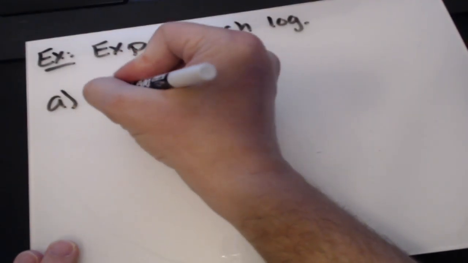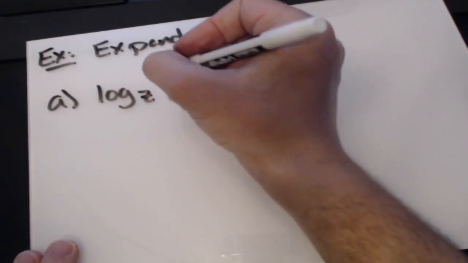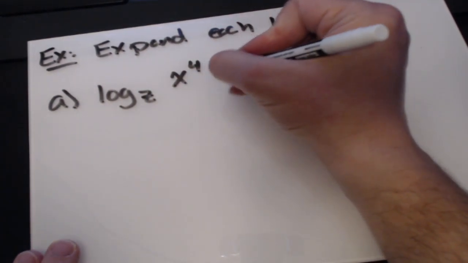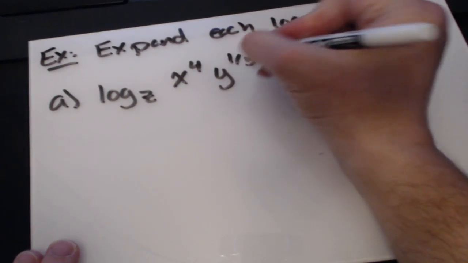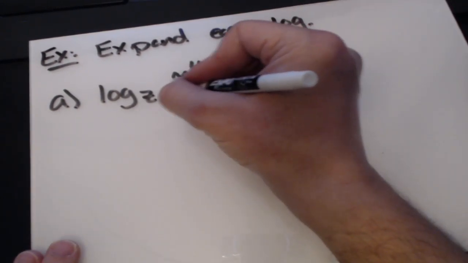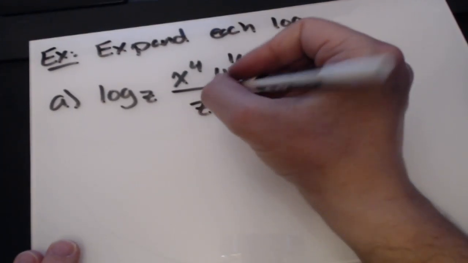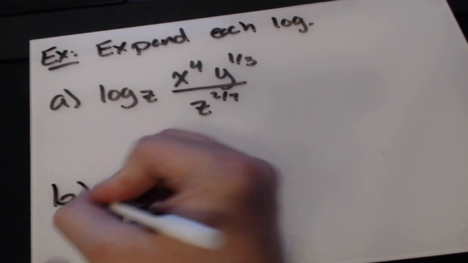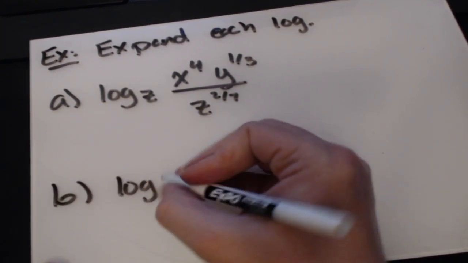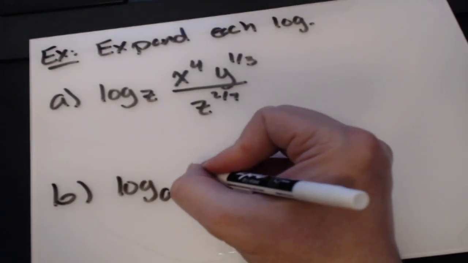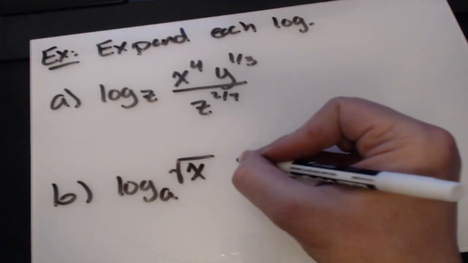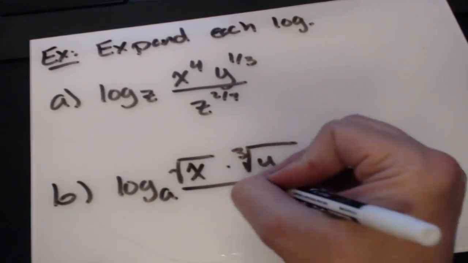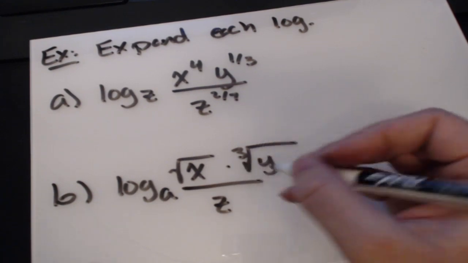We'll have log base z of x to the 4th, y to the 1/3, over z to the 2/7. And we'll do another one. We have log base a of square root of x times cube root of y over z.